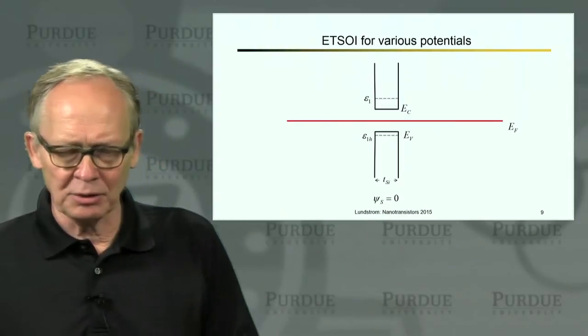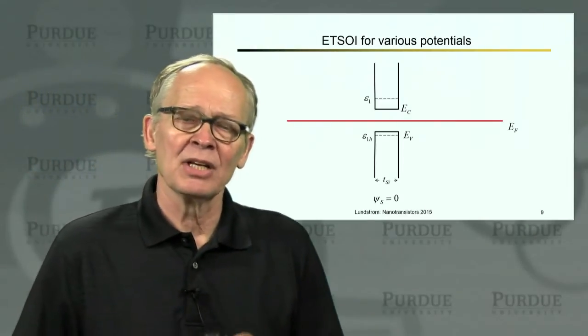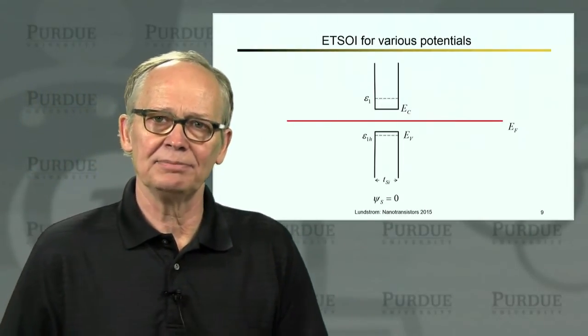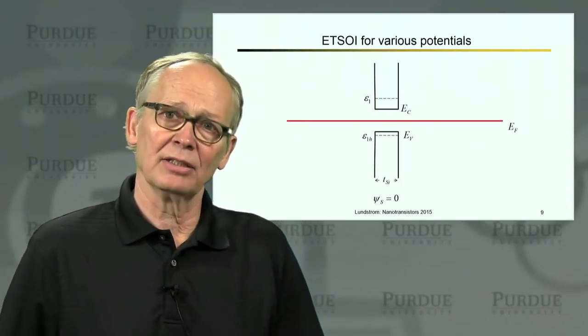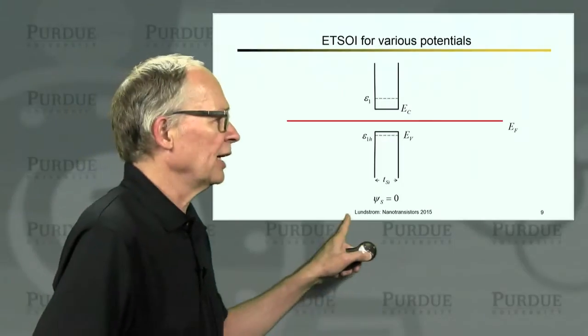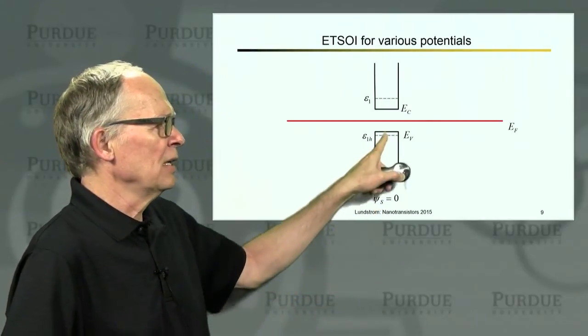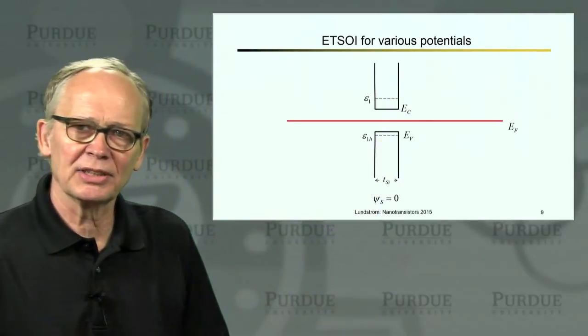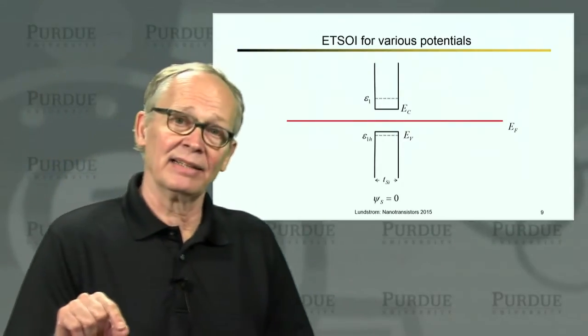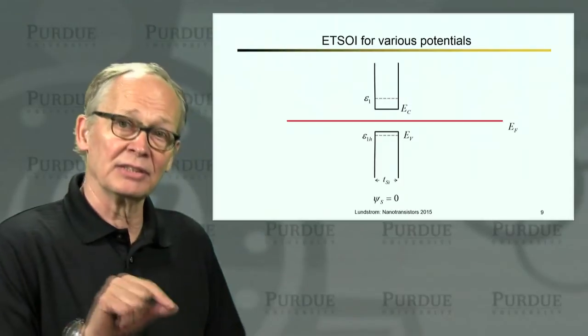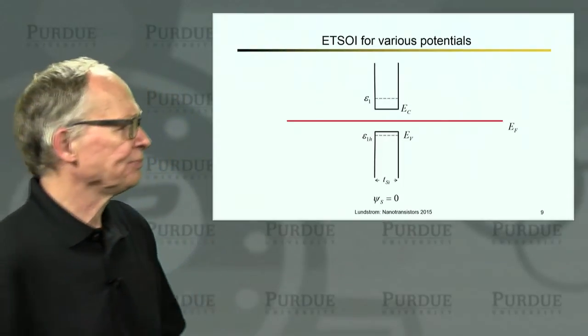Actually, that makes life simpler because we can use simple particle-in-a-box expressions to deduce the energy levels. Now, just as we did in the bulk, we're going to ask what happens when there is a potential applied, and that will be applied through a gate, and the potential in the silicon changes. So if we start out with the potential 0, we may have aligned things with work functions such that the Fermi level is in the middle of the band. Maybe we've ideally aligned it so that we have an equal number of electrons and holes and the system is neutral.